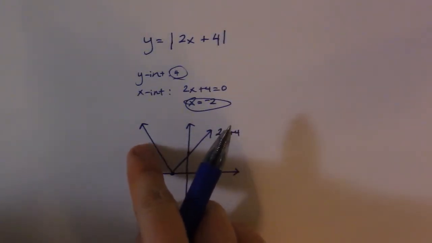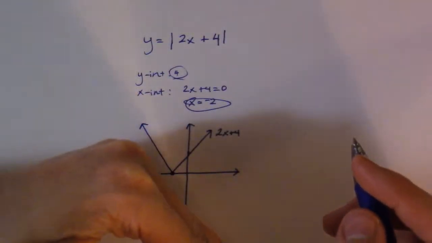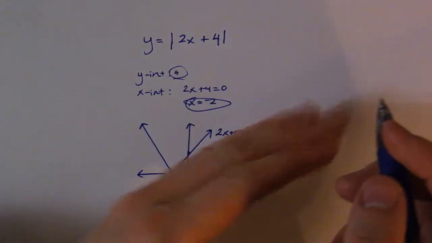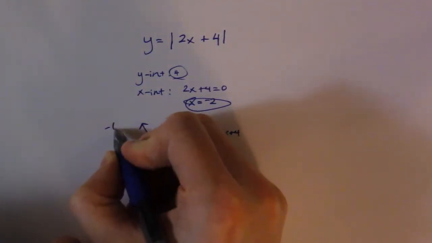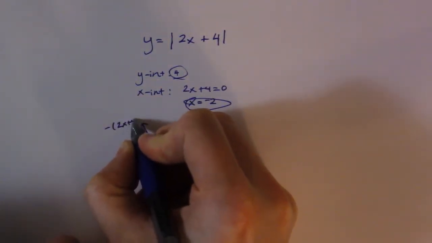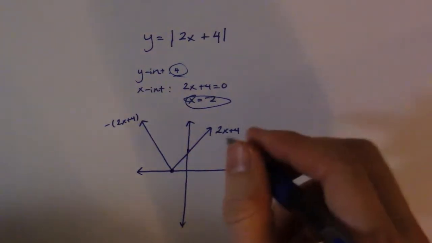This guy right here is the opposite of this line. You know that it has a negative slope because it's going down this way, as opposed to this one that's going up as x increases. So it's actually the opposite: it's negative 2x plus 4. So this guy can be written as two pieces.